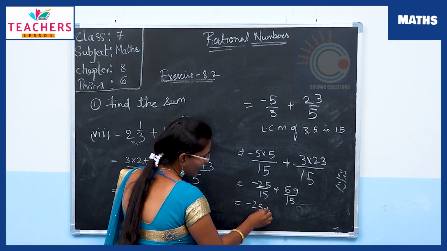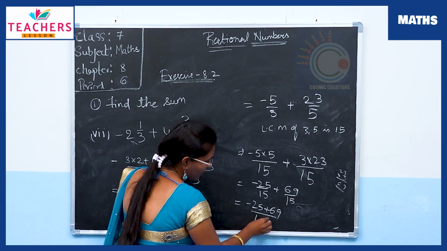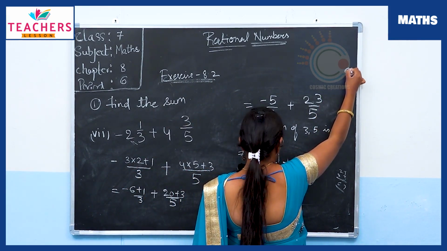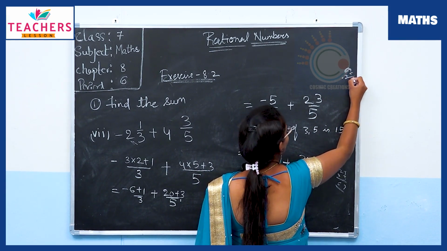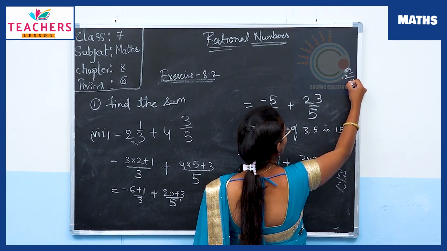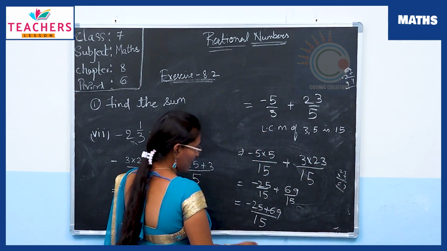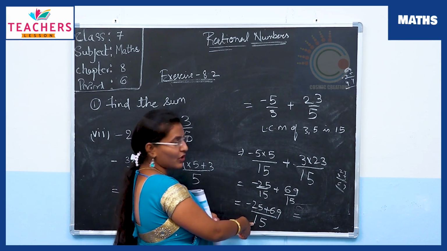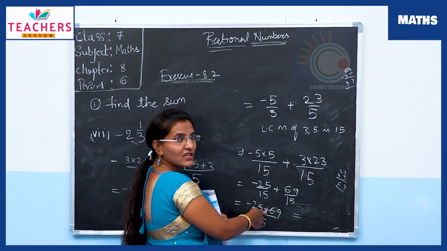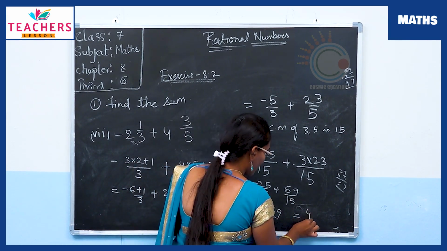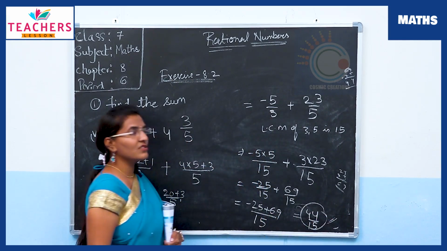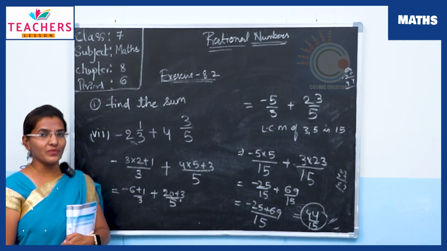Minus 25 plus 69 by 15. 69 minus 25 is what? You can do it in the rough work. 69 minus 25: 9 minus 5 is 4, 6 minus 2 is 4, so 44. Is it plus 44 or minus 44? Obviously it is plus 44, because the sign is for the greater number. So, 44 by 15. This is the solution for the given question. Clear, right?